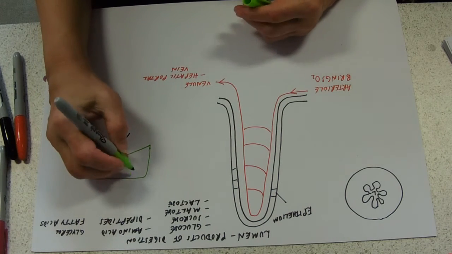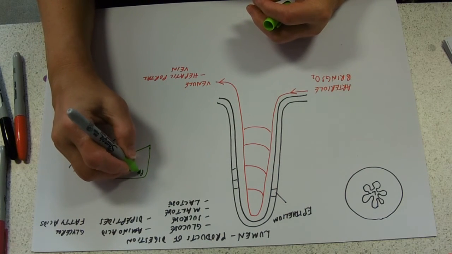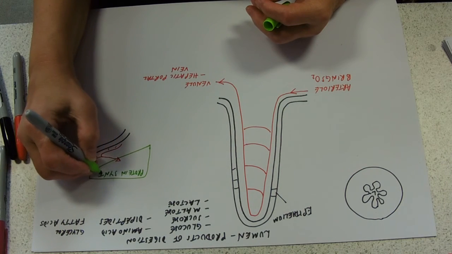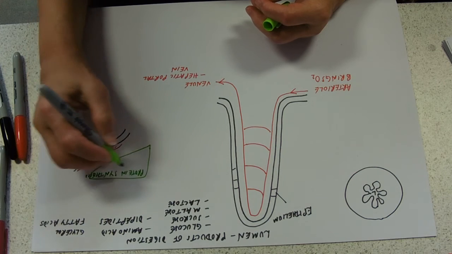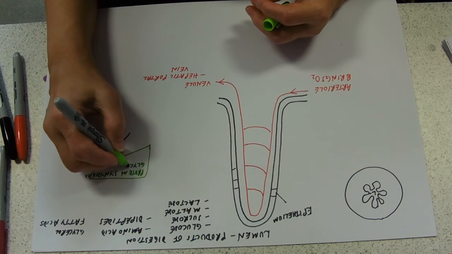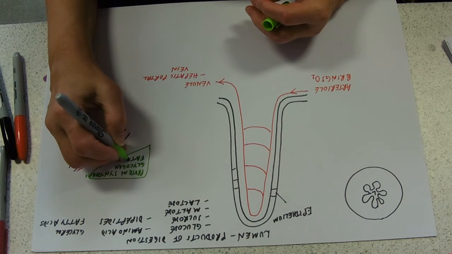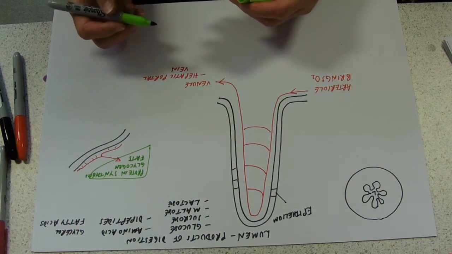So it does things like protein synthesis with the amino acids. It makes glycogen and it makes fats with the excess glucose.